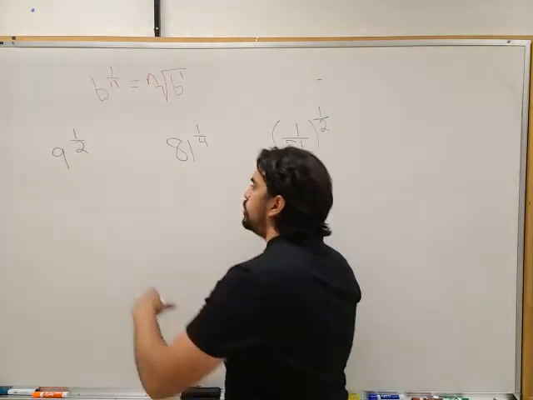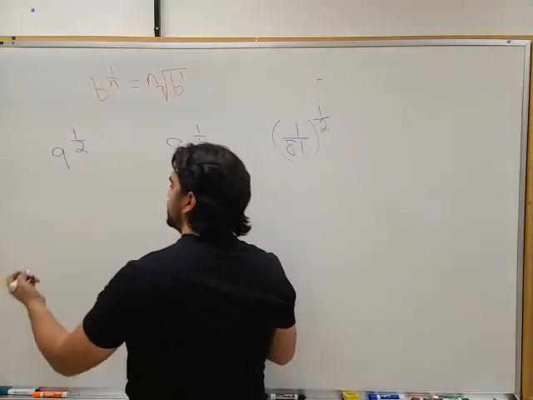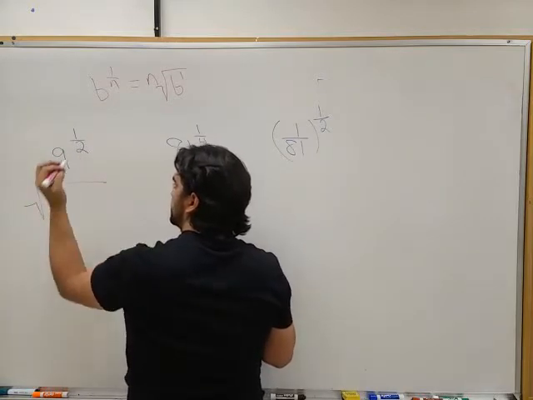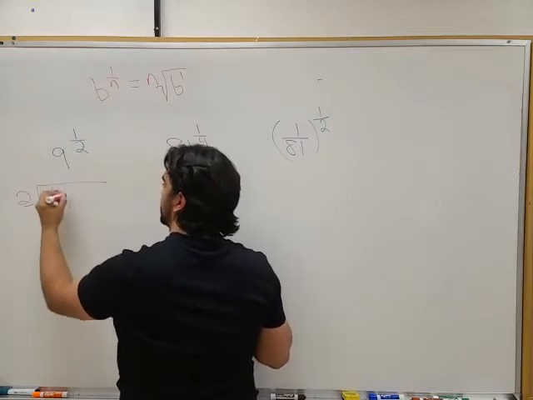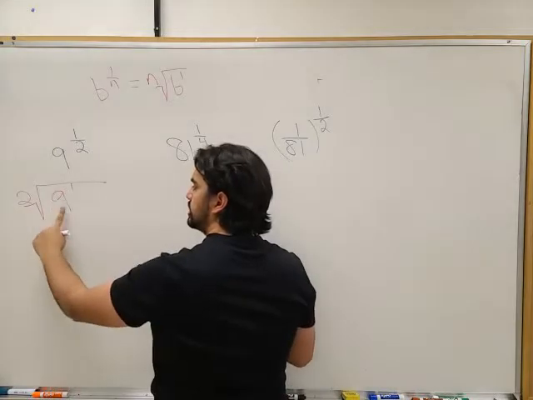So we have 9 to the power of 1/2. We can rewrite this as a radical, which would be: 2 is going to go in my index number, and we're going to have 9 to the power of 1. Well, we could say, what is the square root of 9?